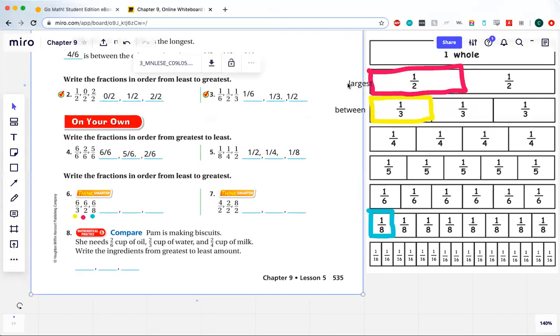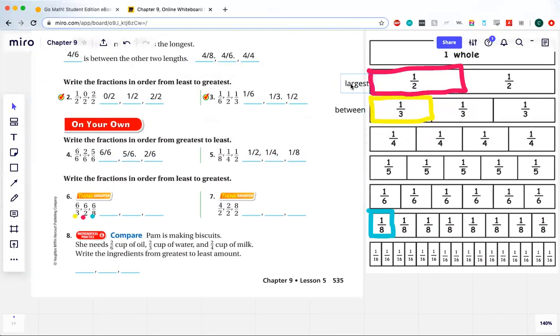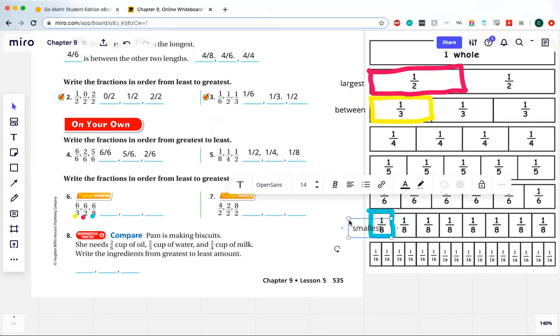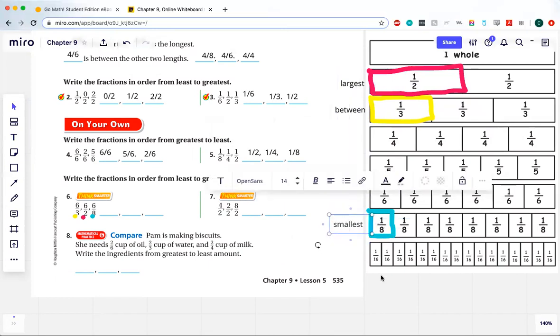There we go. Largest. And then my 8ths are the smallest, the least. Okay. So if I think about it, I have 6 pieces of my thirds, 6 pieces of my halves, and 6 of my 8ths.